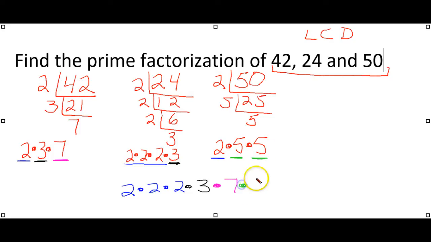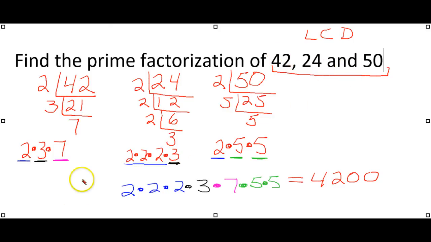So I'm going to need a 5 and a 5. So if I multiply all of these together, I get the LCD, the lowest common denominator of these three. It's quite a big number. And it happens to be 4,200. That would be the LCD of these three numbers.